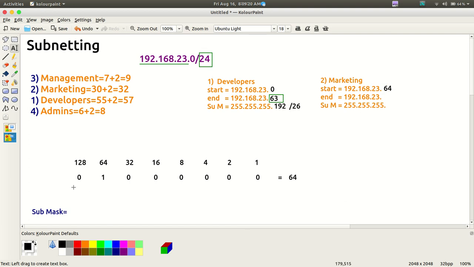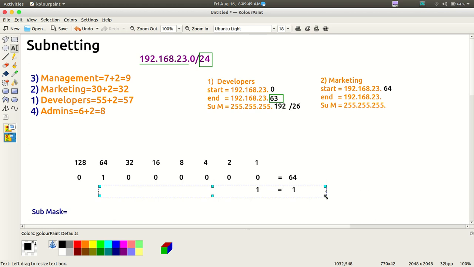Now I want to calculate my end IP address. Remember one thing, the bit which was enabled in start should be enabled in the end as well. If you don't enable this bit and just start your calculation from here, you make it 1 over here, your value will be something like 1.